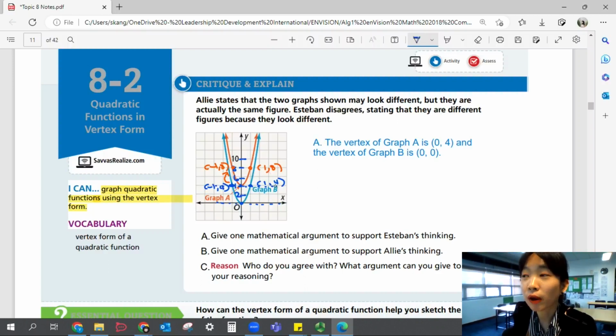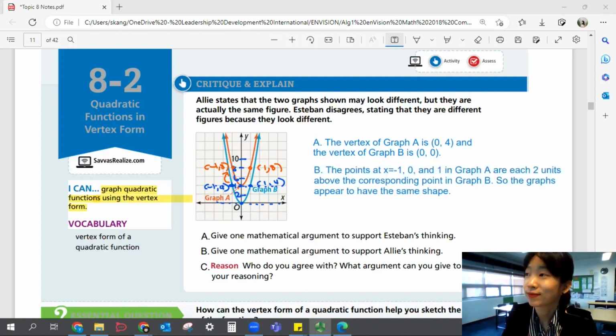So these points work. The vertex will move exactly on the vertex of graph A as well. If you pick other points, they should also be the same. So if we just move the entire graph 4 units up, then graph B lies on graph A. So yeah, we could say that they are the same.